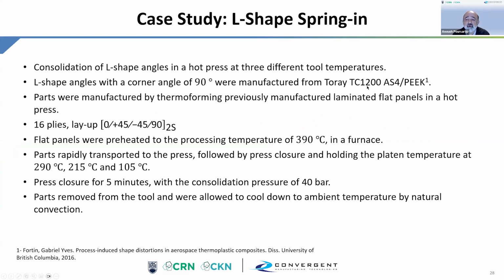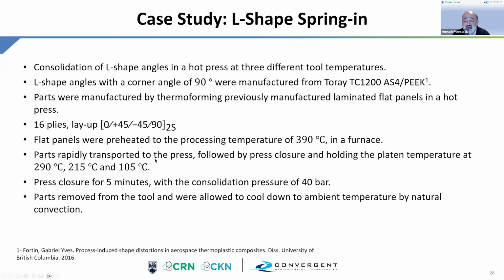Again, we're using the Toray TC1200. The laminates were previously made into flat panels, and they were a quasi-isotropic 16-ply laminate. Those flat panels, cut to size, were preheated to 390 in a furnace. They were rapidly transported to a press where there was a mold with a 90-degree shape to it.